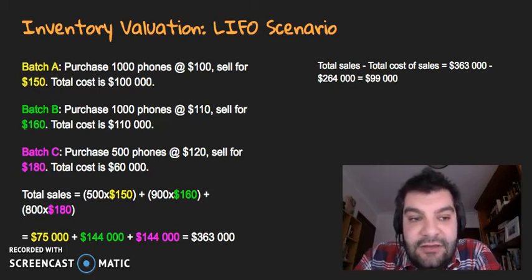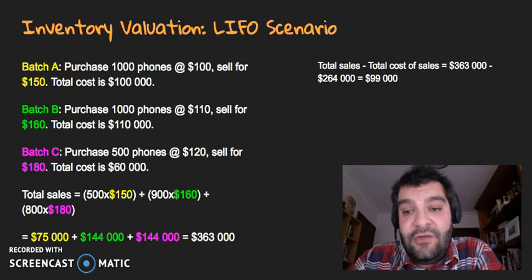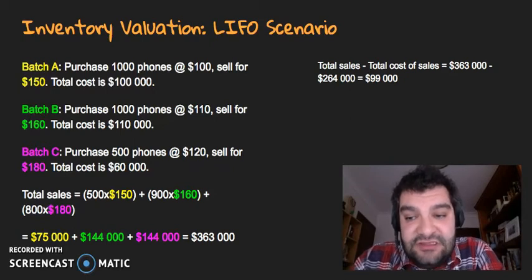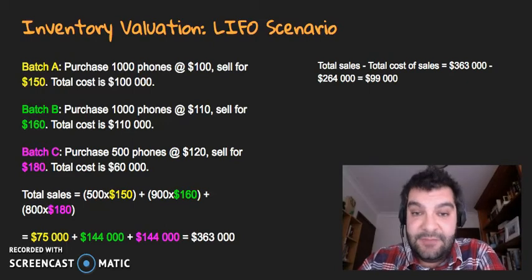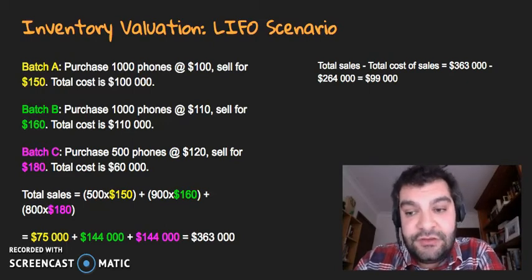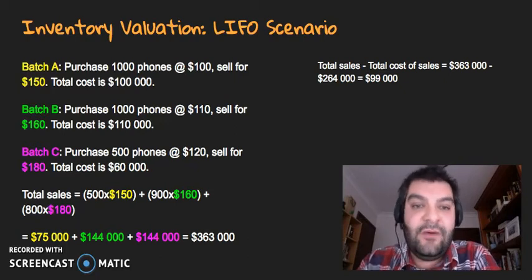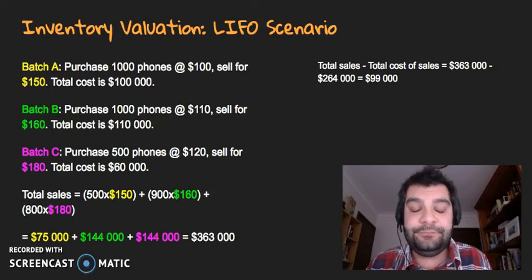Compared to the gross profit made using the FIFO scenario, this one has actually gone down. So, as I said in the previous slide, in the LIFO scenario, it could overstate your costs, which has happened here by an extra $20 per unit, and it's understated our gross profit. It's lower than in the FIFO scenario. Now, there's no perfect scenario here.